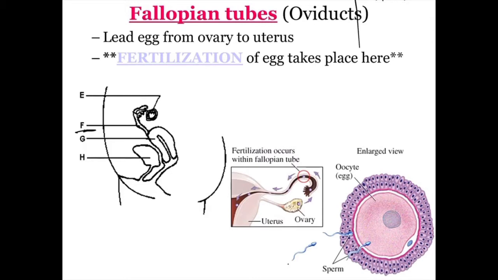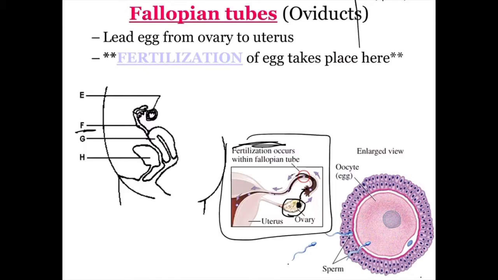I don't particularly love this diagram for this conversation, but this one right down here works pretty nicely. The ovary releases the egg through ovulation into the fallopian tube, and it travels through that tube.